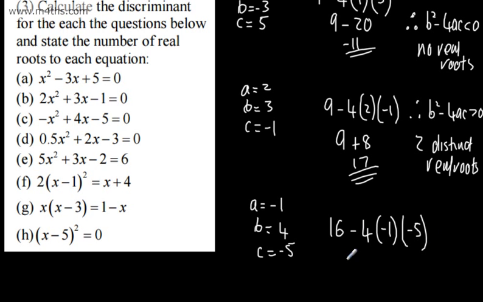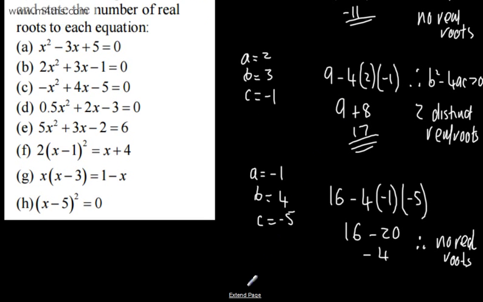So what's that going to be? 16 minus 20, that's going to be negative 4, therefore no real roots. So no real roots, as the discriminant is less than 0. Again, I would state this in your working. This would be my working for each of these if it was in an exam.